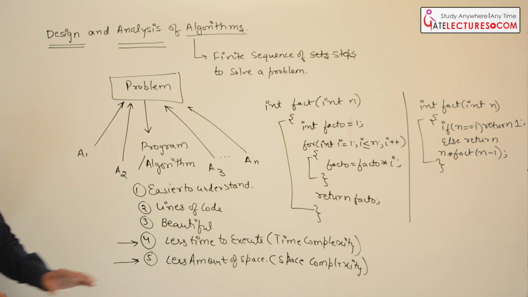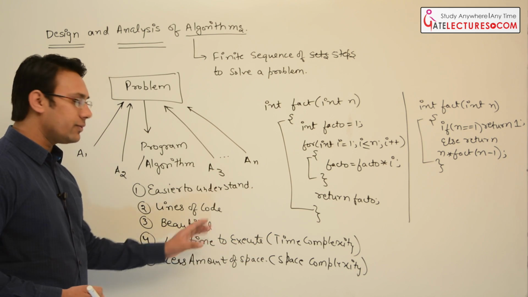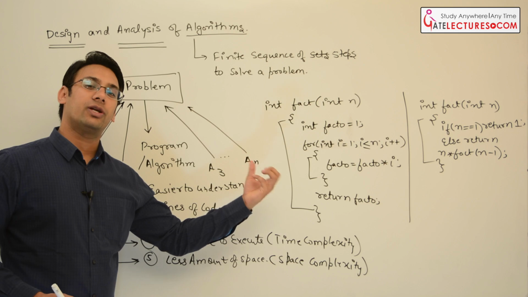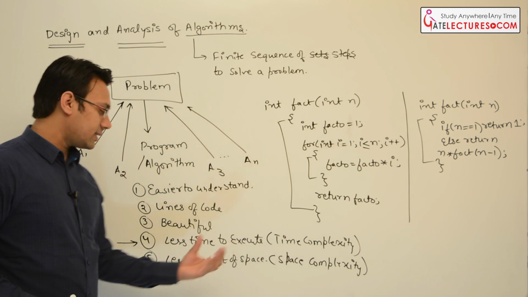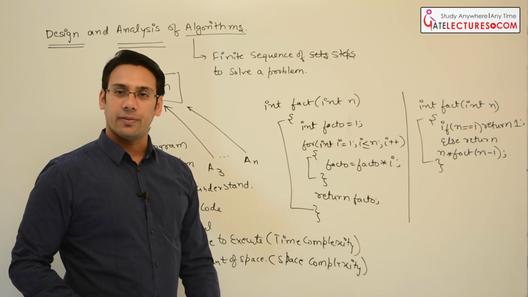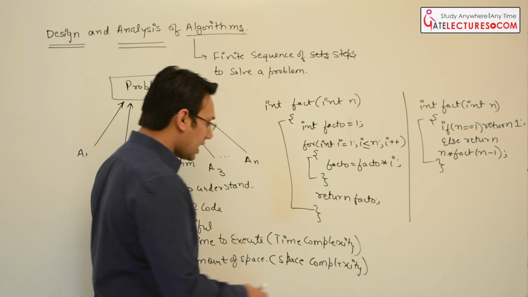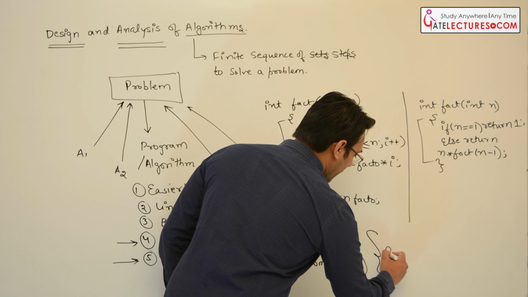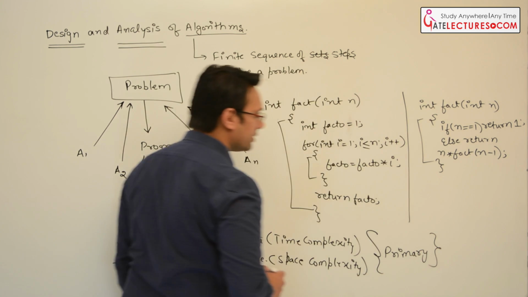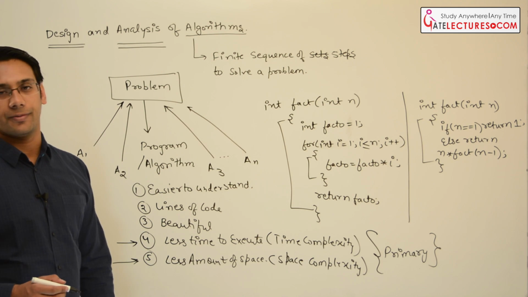Okay. Now when I am saying time complexity, I mean less time to execute, that means which program out of these two is having less time complexity. And whichever is going to take less amount of space, that will be the space complexity. These two are our primary measures to check which one of these programs is better.